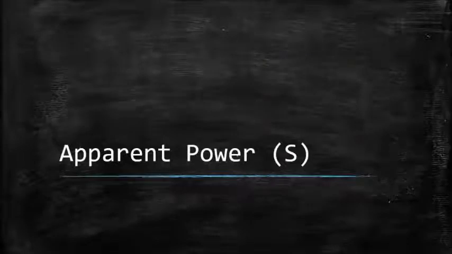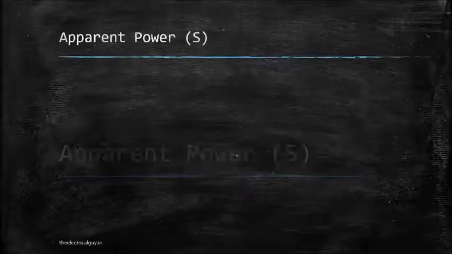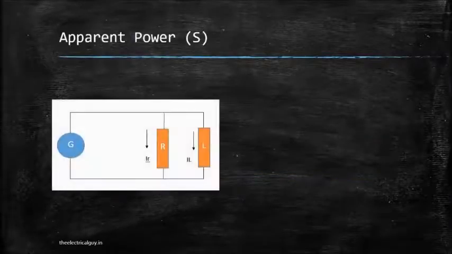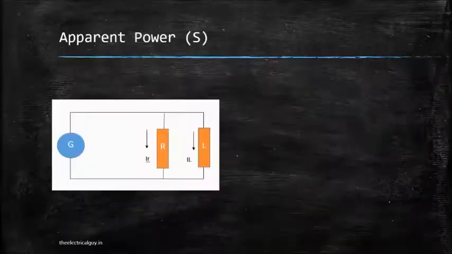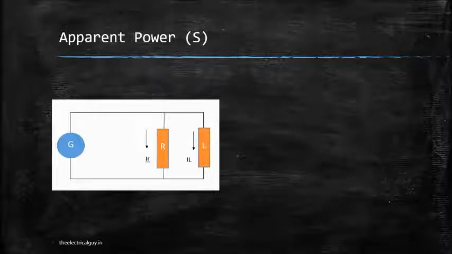Now let's see about what is apparent power. Now in the system there can be a situation where you will find there is a resistor and there is an inductor, or there is a resistive circuit or inductive circuit or capacitive circuit, or the combination of both. Now in this case, your resistive circuit will take its own current, that is IR, and your inductive circuit will take its own current, that is IL.